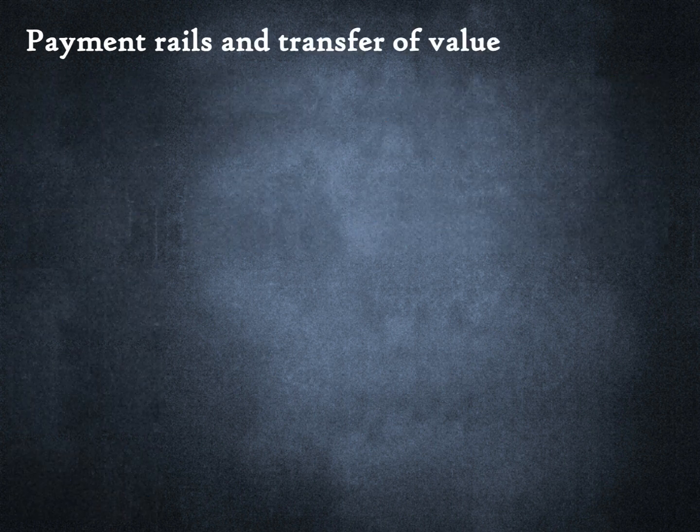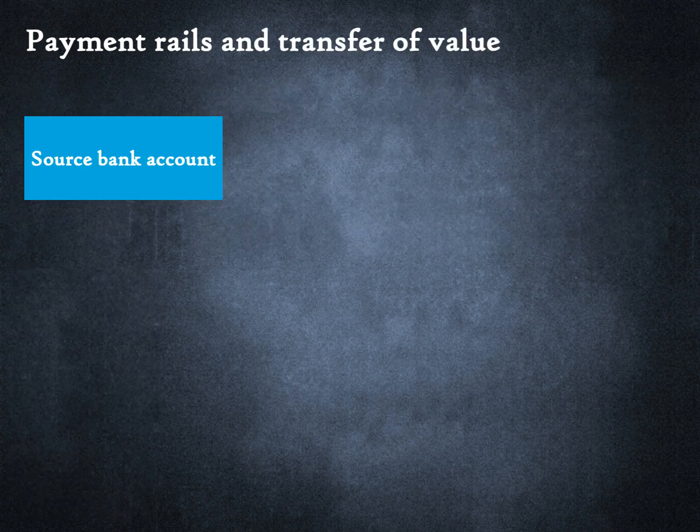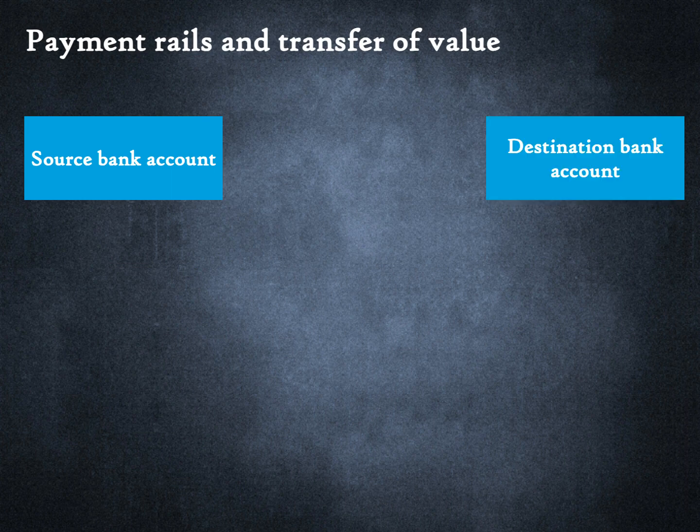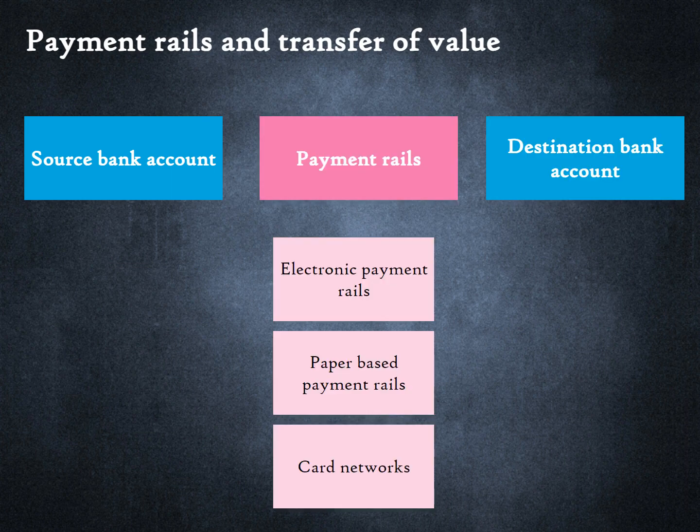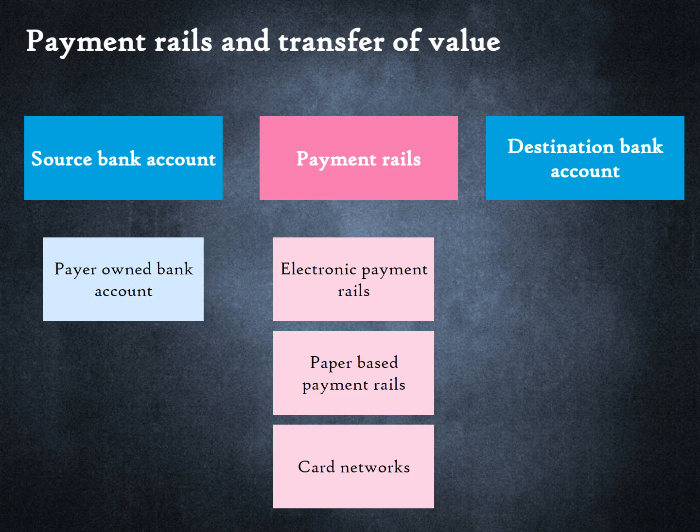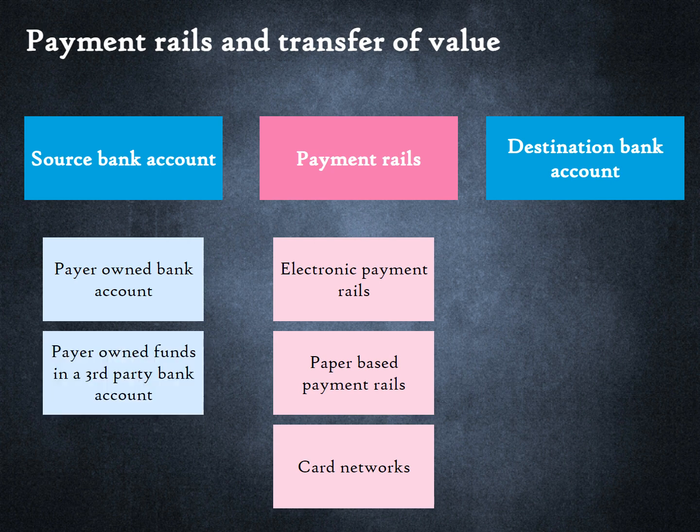We can conceptualize a payment as consisting of a source bank account, a destination bank account, and a payment rail that connects them. As you may know, in crypto the value is stored in a blockchain address instead of a bank account. For now, we will keep crypto payments outside our discussion. The source bank account may be owned by the payer, for instance, when using a debit card. Alternatively, the money may be held in a third-party bank account.